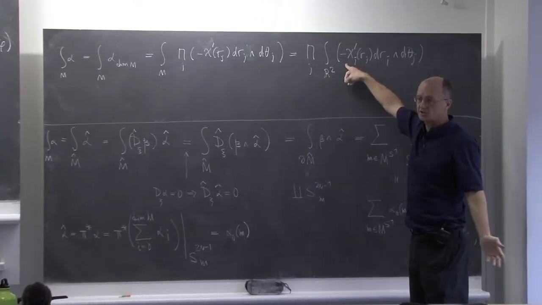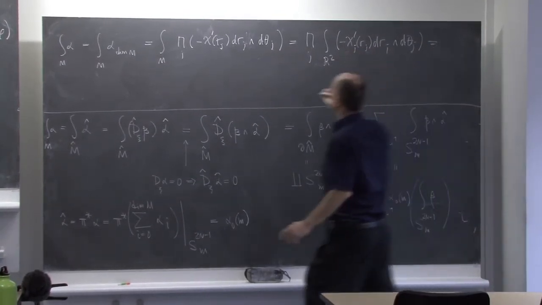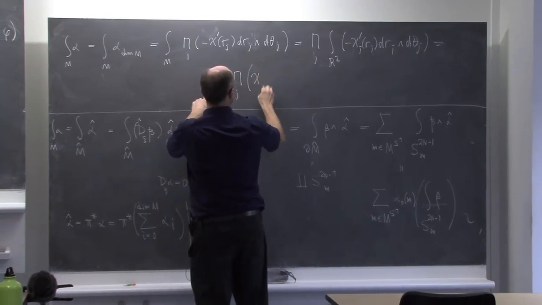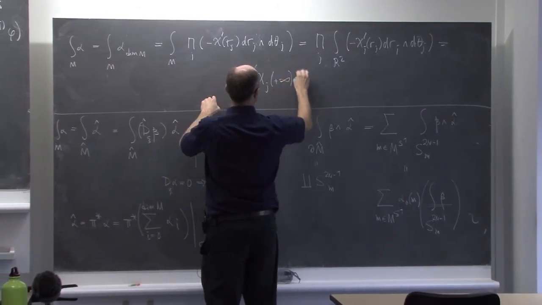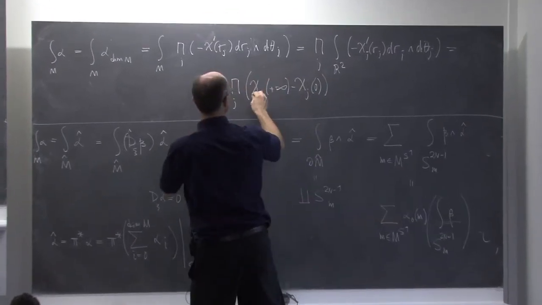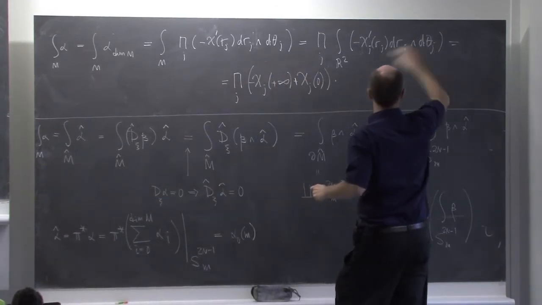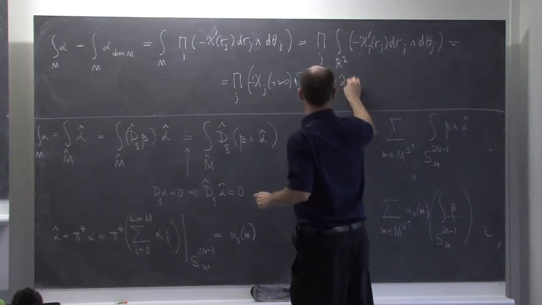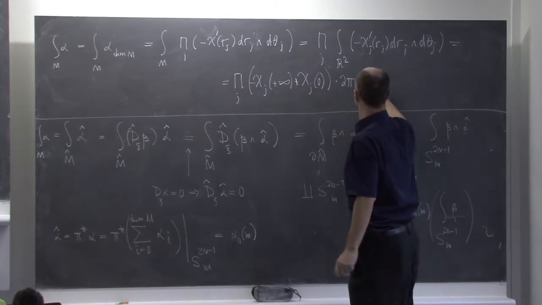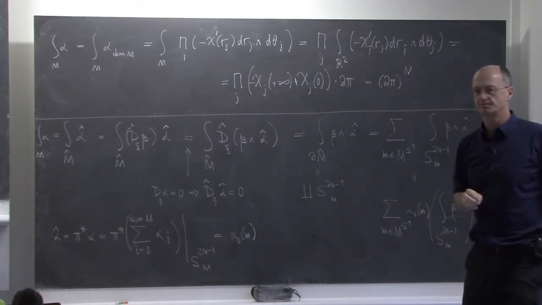These integrals we can easily compute by the fundamental theorem of calculus. This is equal to the product over j of chi_j at infinity minus chi_j at 0, with a minus sign, times the integral over d theta_j, which is 2 pi. Now this is 0, this is 1, and we get 2 pi to the n.